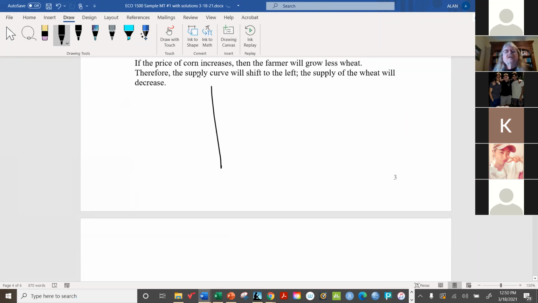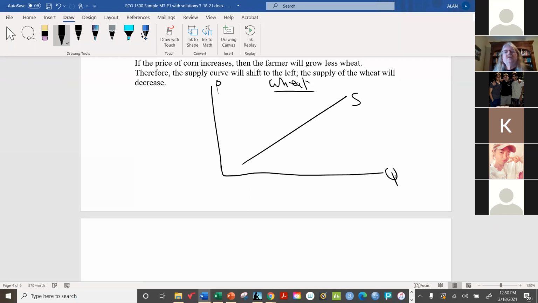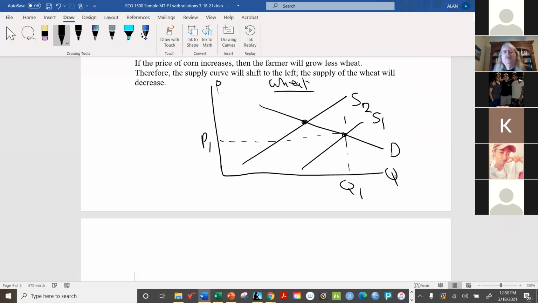So we're going to assume that this is the market for wheat. And here's the initial supply. We started out here, and this is our price and quantity at point 1.